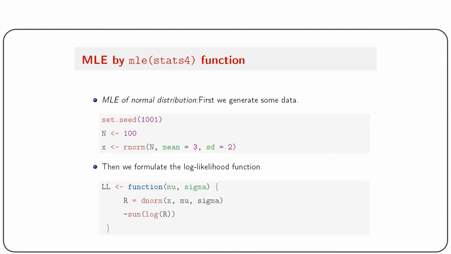So 100 is the sample size that we fix, and x equals rnorm(n, mean equals 3 and standard deviation 2). Then we formulate the log likelihood function as LL equals function(mu, sigma), r equals dnorm(x, mu, sigma), minus sum(log(r)).